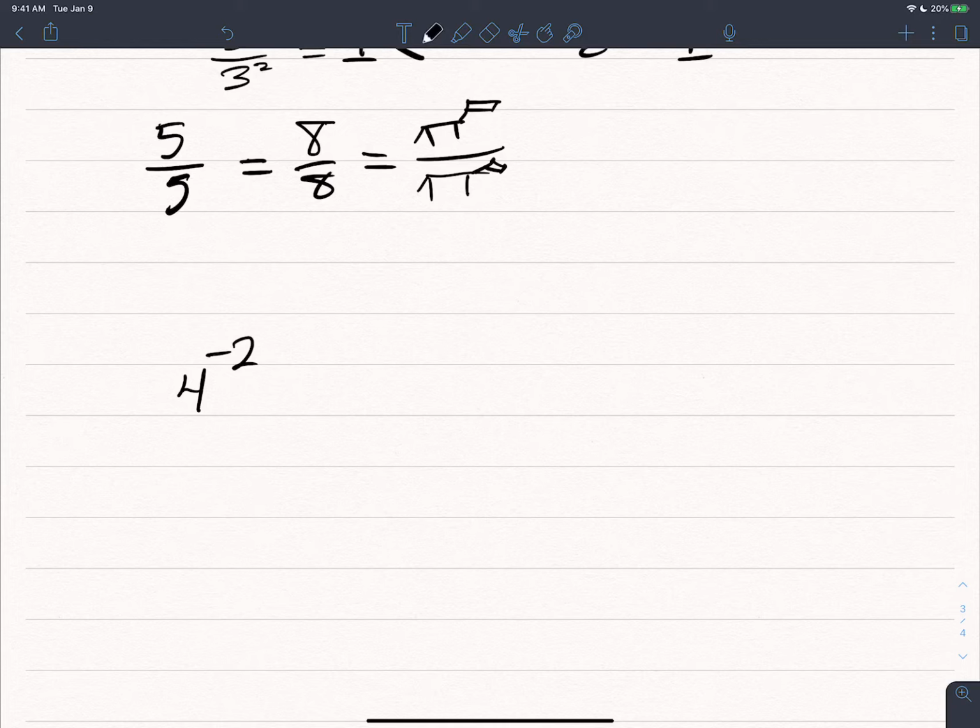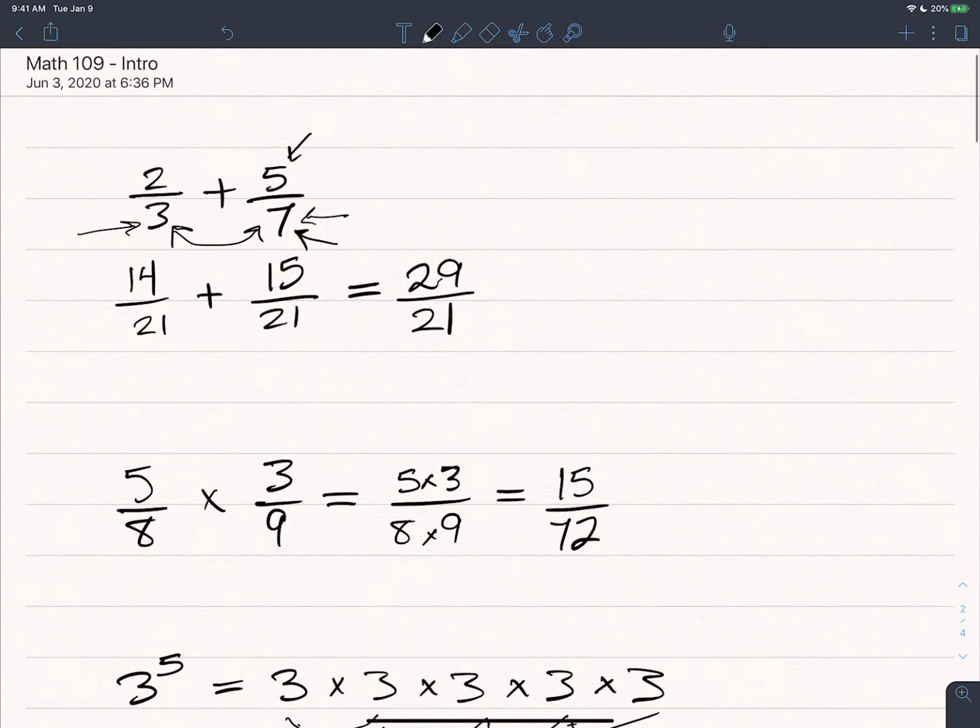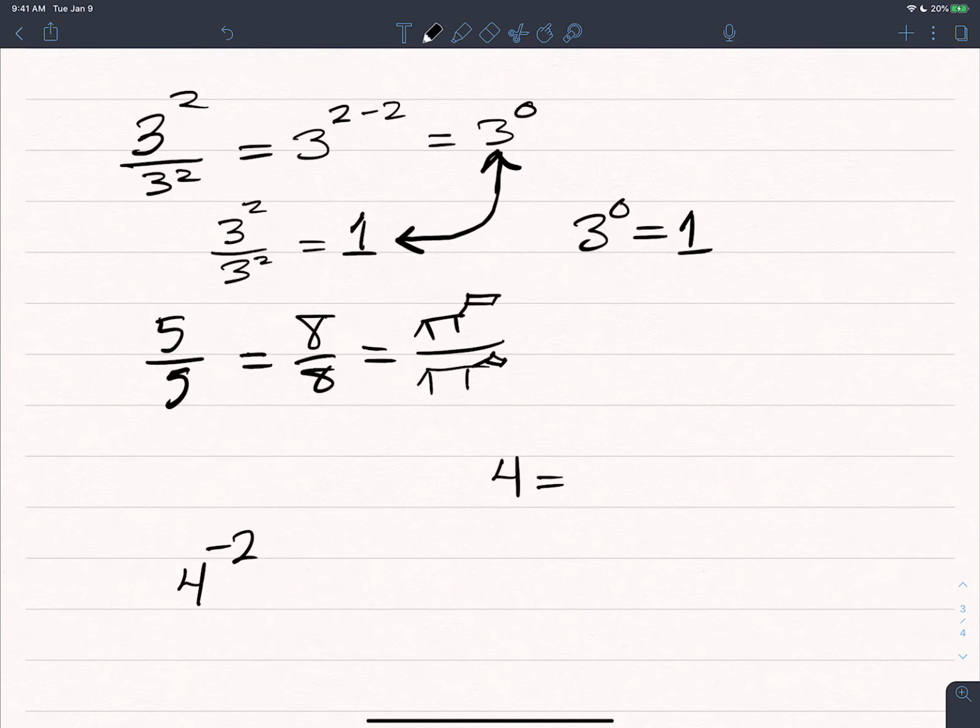One way to look at a negative exponent: when we do a regular exponent, we are doing repeated multiplication in the numerator. So 4 squared is 4 times 4.